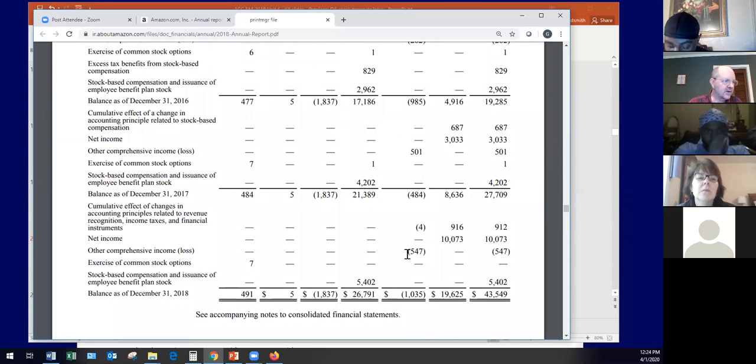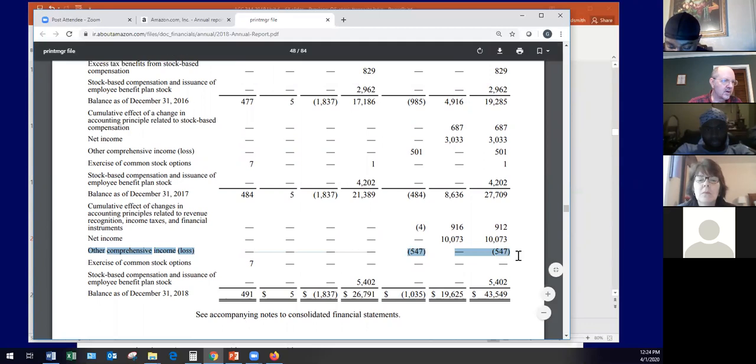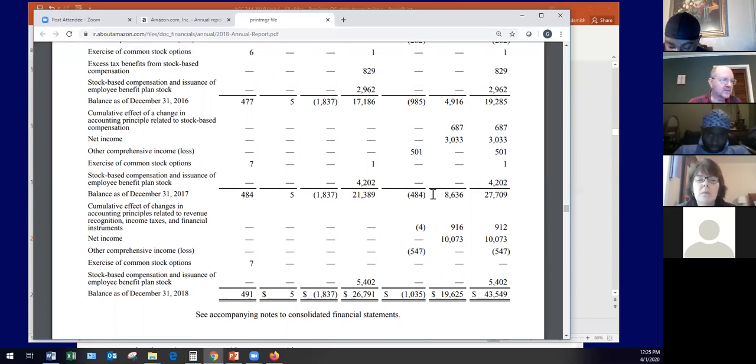But notice here that our other comprehensive loss that was recorded on that statement is here. This is an accounting change that they had to do. So this came from the statement that showed the changes in comprehensive income. This was the beginning balance. And after the accounting change and this year's loss, the ending balance was $1.035 billion.